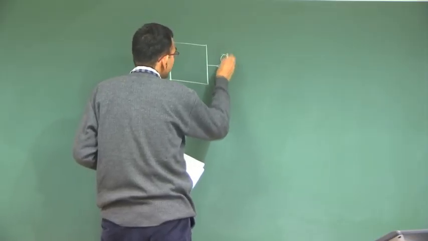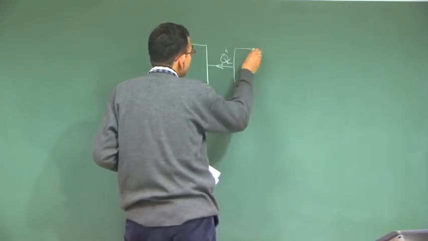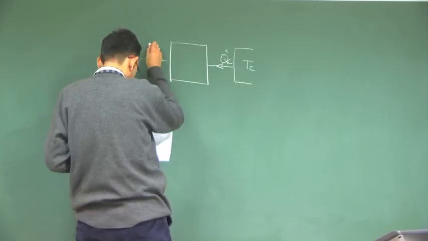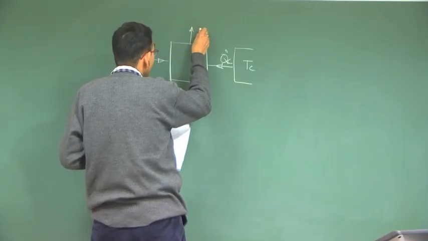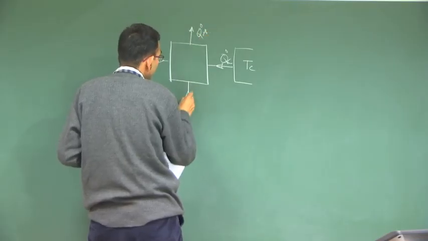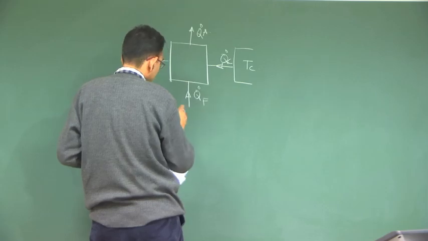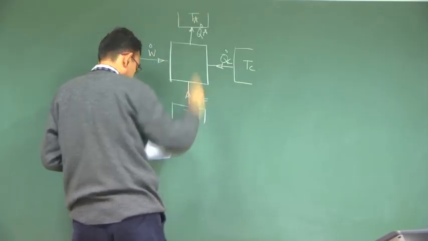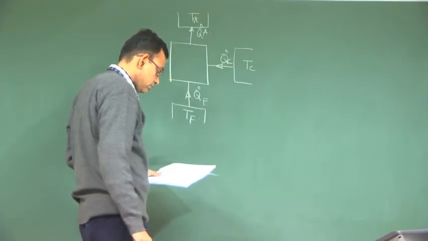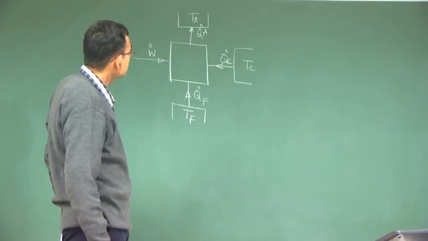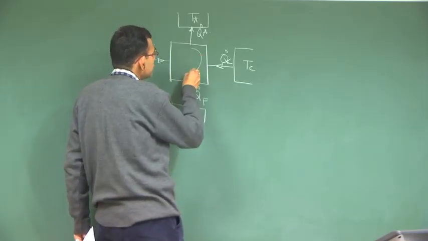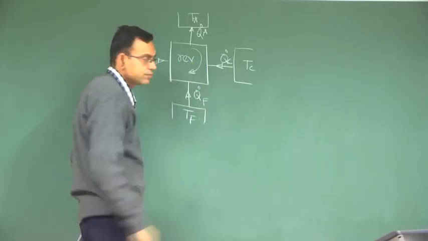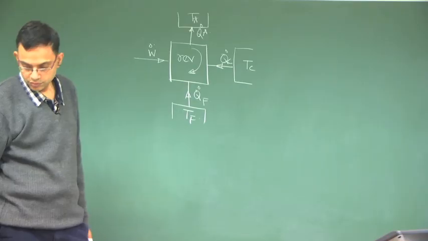You have Q dot C with a temperature Tc, W dot, Q dot A, Q dot F. So, this is a cyclic device which is a refrigerator in this case, and the most important thing is that it is reversible.